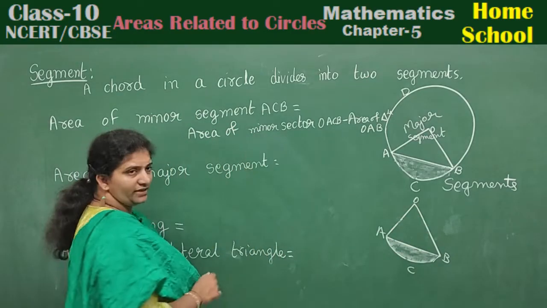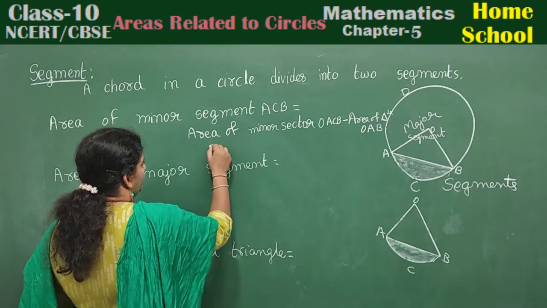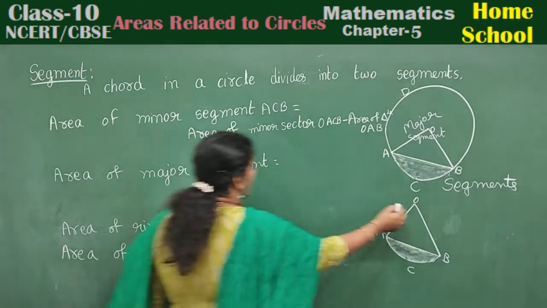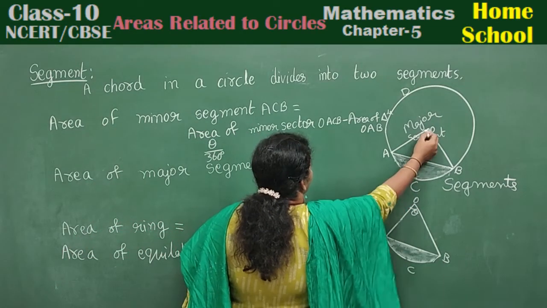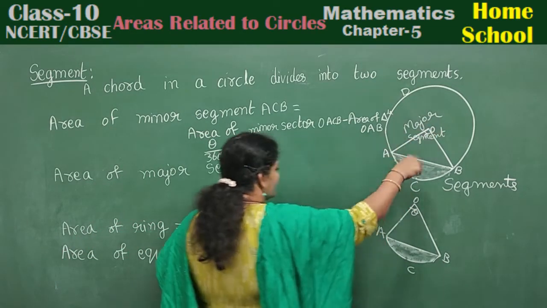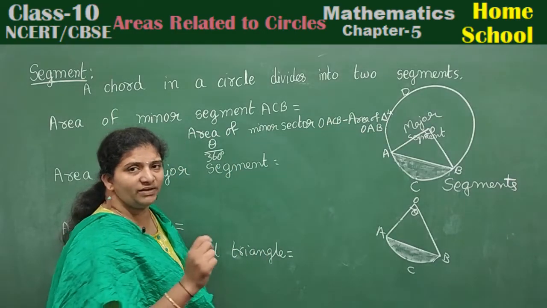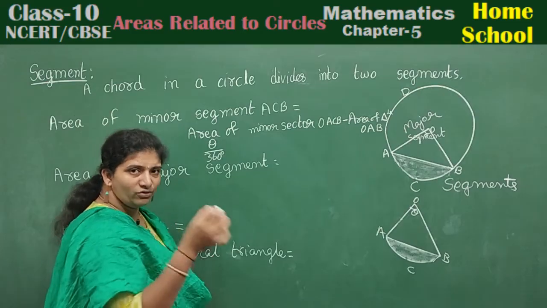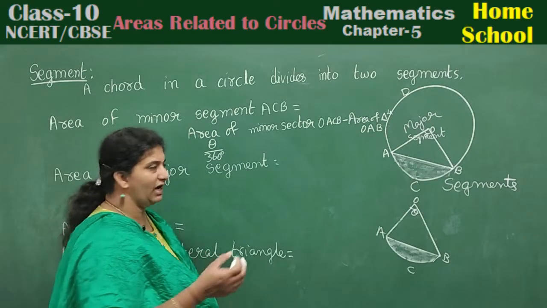The area of the minor sector formula will be equal to theta by 360 degree. This angle is always theta, right? The central angle, or I can say the complete angle, will be 360 degree. I am taking one part of the angle, which I don't know, so let us assume it as theta.